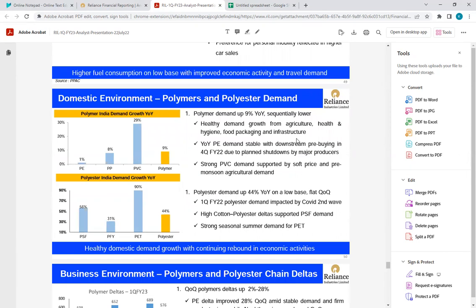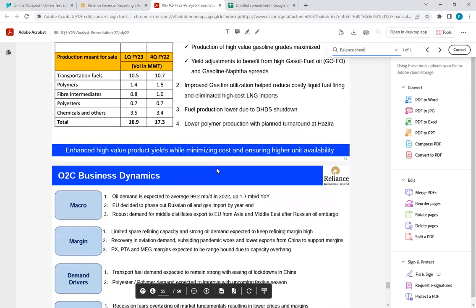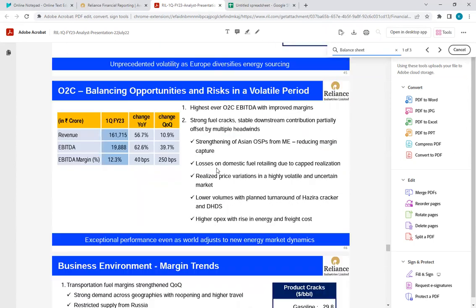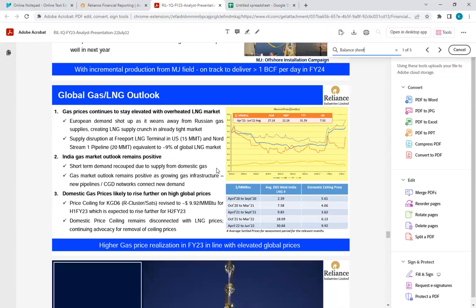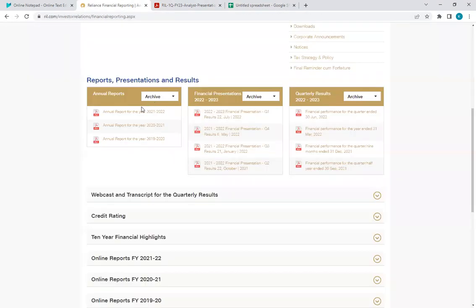Let me find the balance sheet. Okay, let me go to the annual report once.